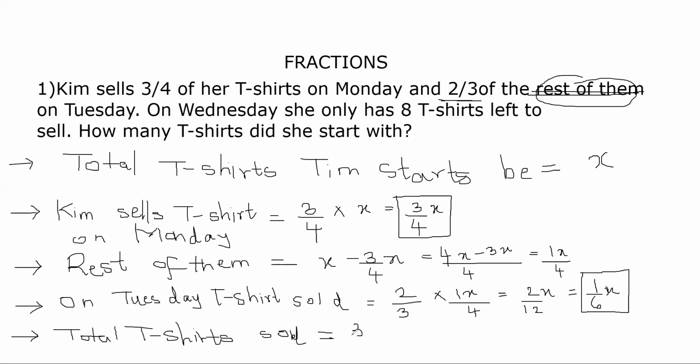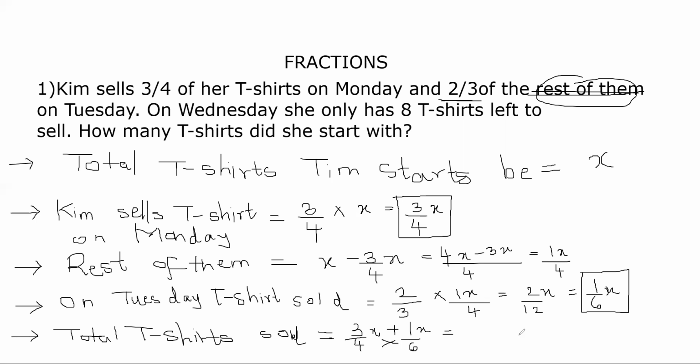We can say 3 upon 4x plus 1x upon 6. Yes or no? Because Kim on Monday sells 3/4 of the t-shirts, and on Tuesday she sells 1/6 of the t-shirts. Correct? So the total number of t-shirts sold will be 3/4 plus 1/6, which will give me what?